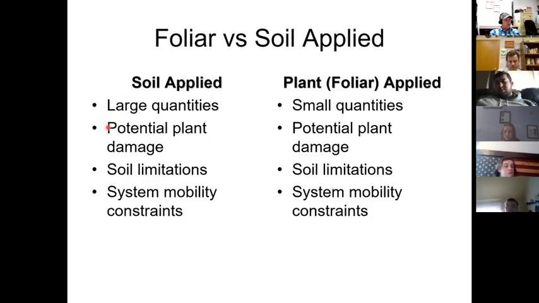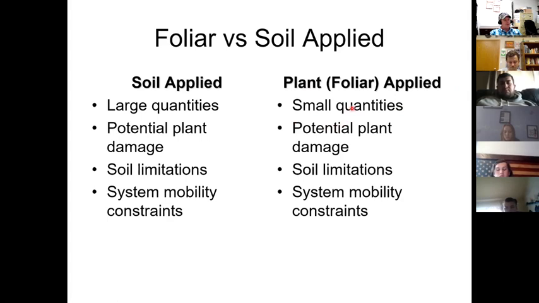But usually that's not the case unless we're working with something that's really salt sensitive. This works great, especially when we don't have a crop growing, okay? Because we can kind of disperse that nutrient across the entire plant.